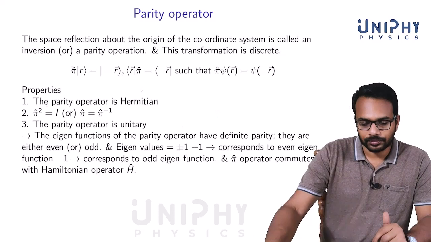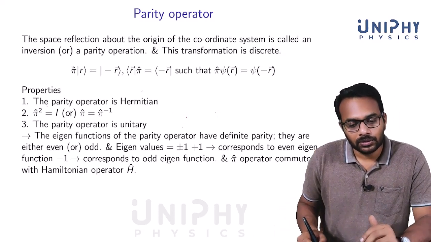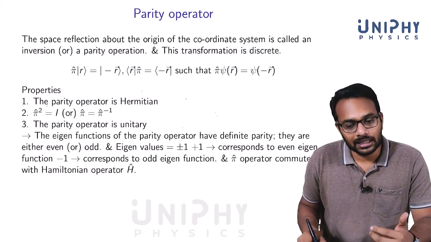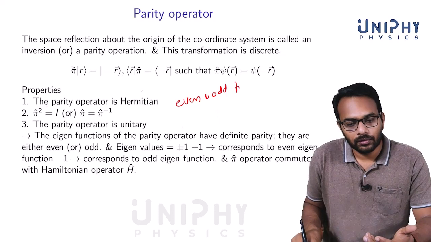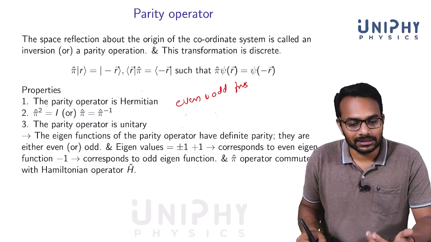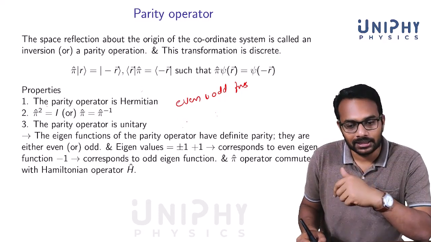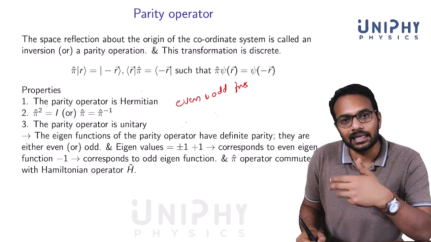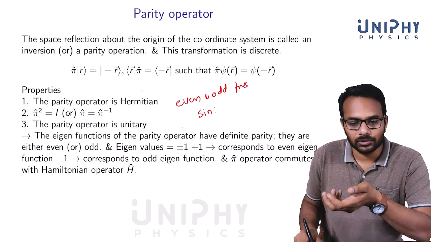And there's one detail that I want to give you. The eigenfunctions of the parity operators are even and odd functions. Even functions do not change under a parity operation. Odd functions change under a parity operation and go to minus of themselves. For example, let's take the most famous example.